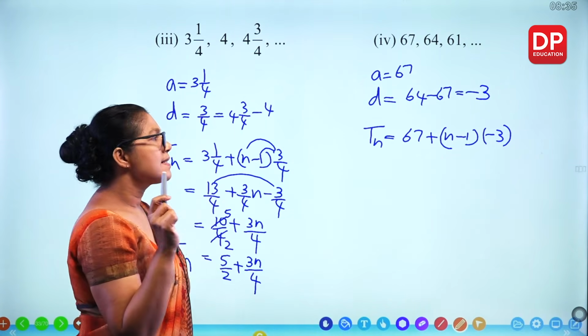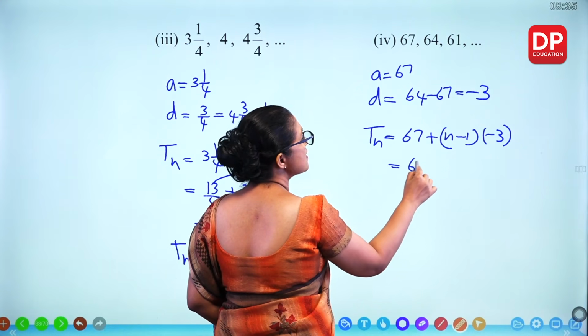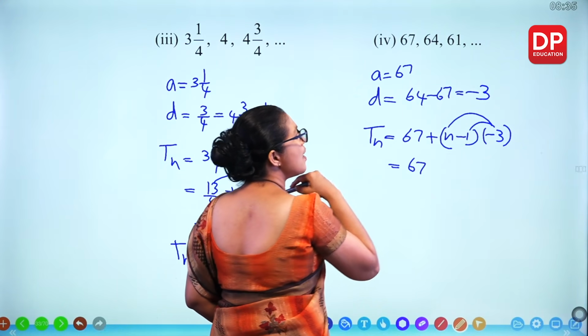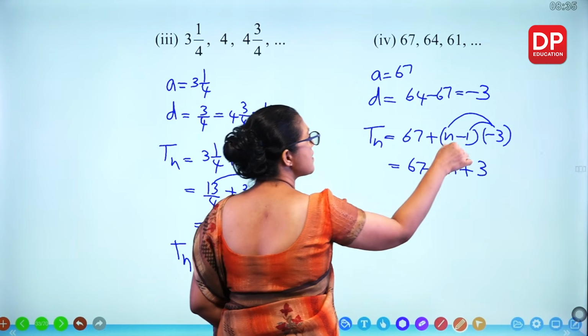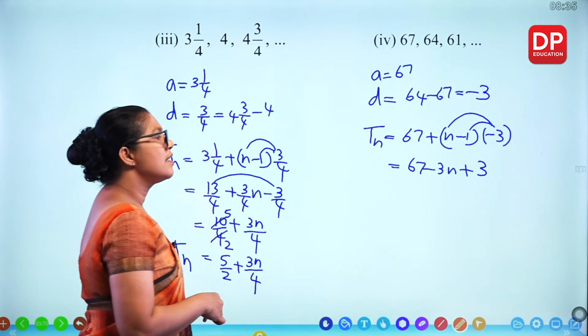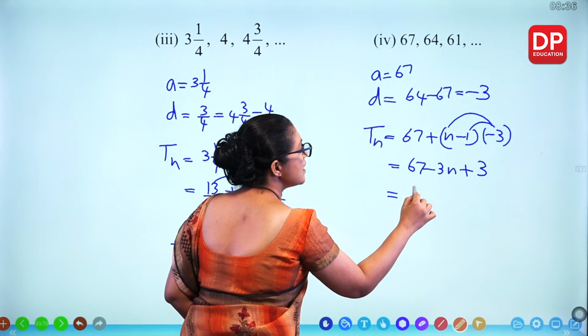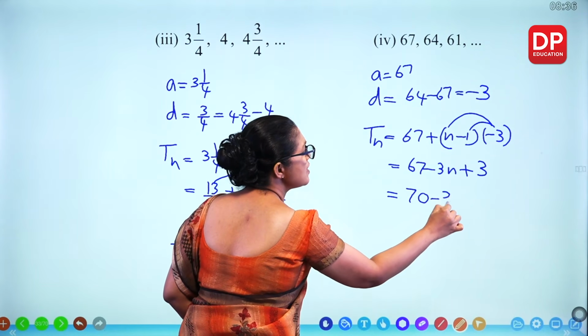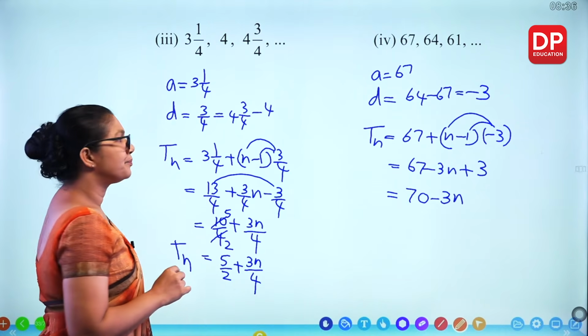When you get minus sign, make sure that you put brackets. 67, expand brackets, minus 3n plus 3. 67 plus 3, 70. So 70 minus 3n is the nth term.